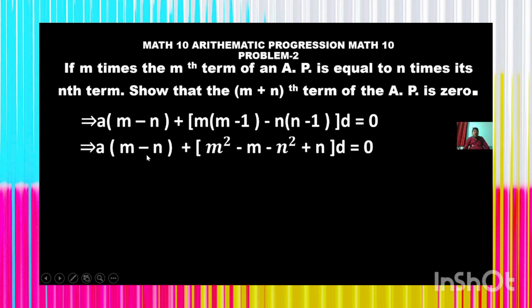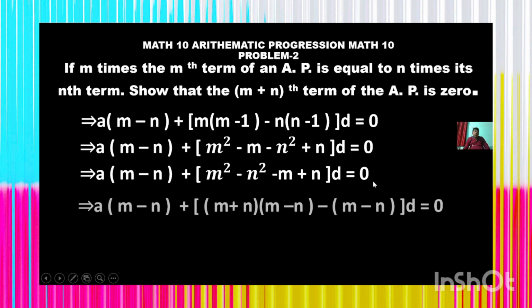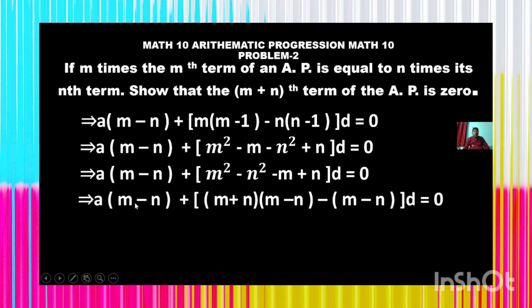Thus a into (m minus n) plus m square minus m minus n square plus n, into d is equal to 0. Right? So a into (m minus n) plus you arrange here m square minus n square minus (m minus n), into d is equal to 0.